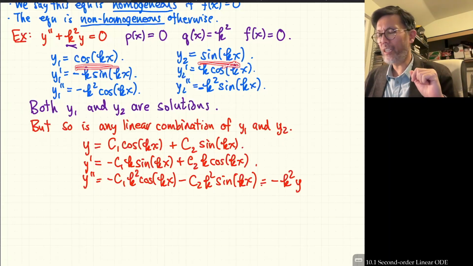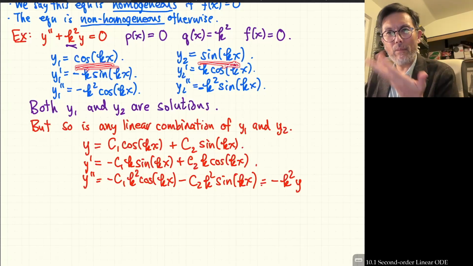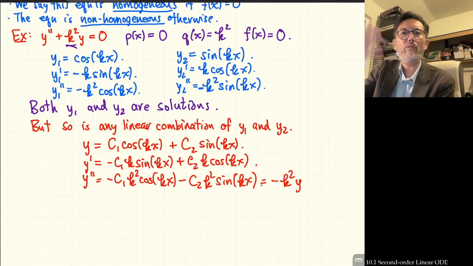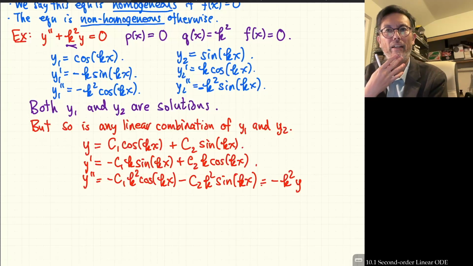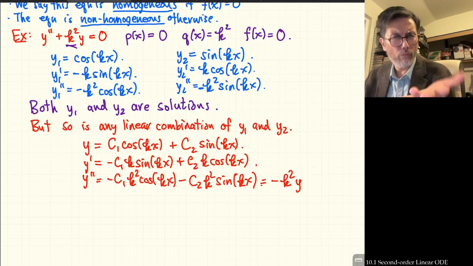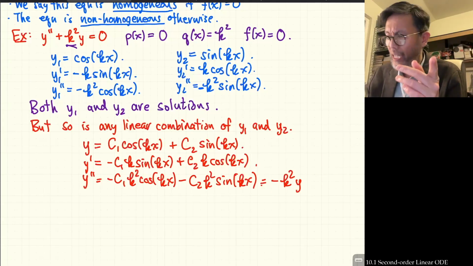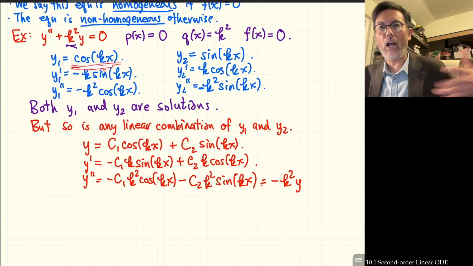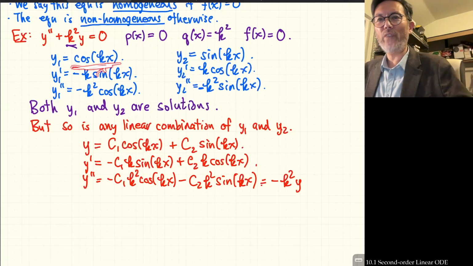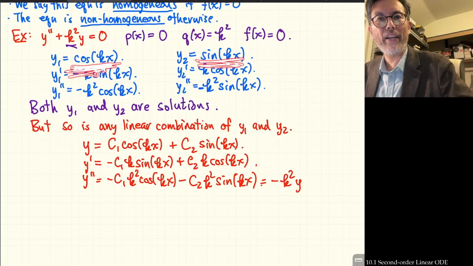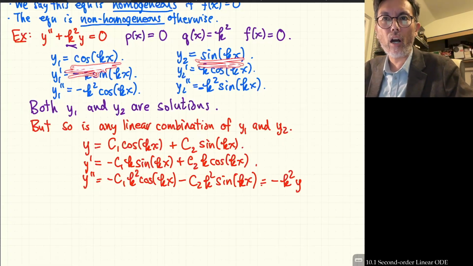If you were to multiply cosine by some constant, you would just change the amplitude of that sinusoidal wave. It's kind of ridiculous to have this fantasy that cosine kx is a constant multiple of sine kx, right? That seems wrong.